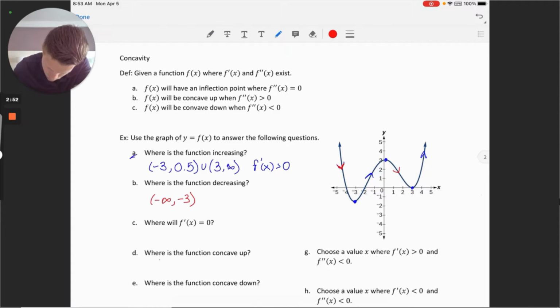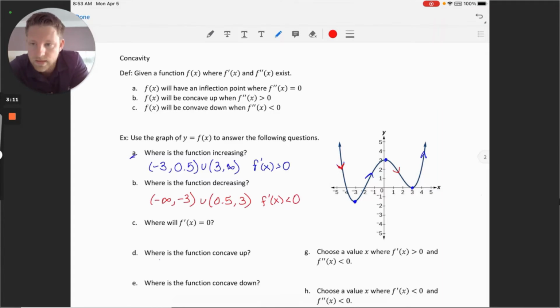So from 0.5 all the way up to +3 would be two places where our function is decreasing. In other words, my f prime of x is less than 0. My derivative is less than 0 when I am decreasing.